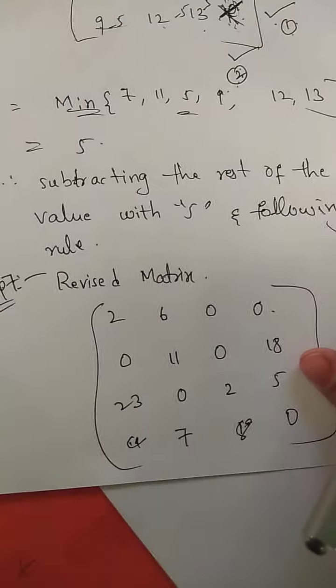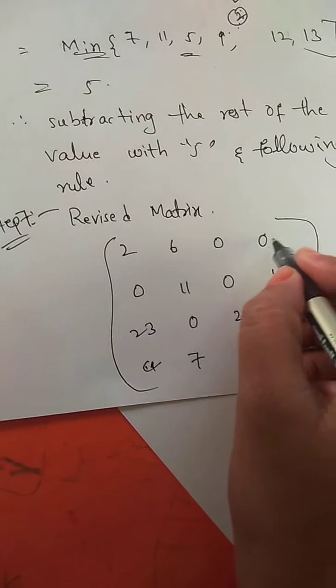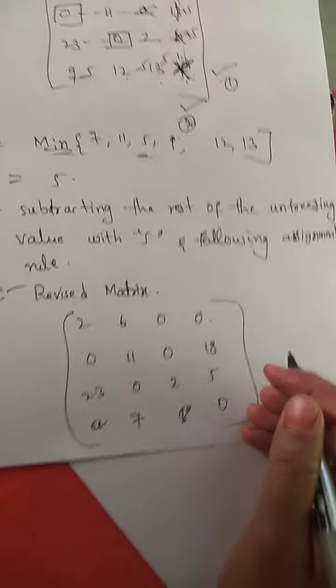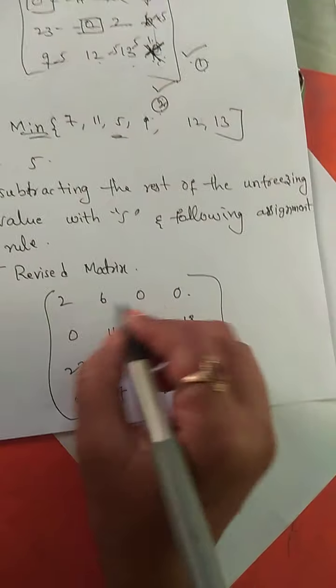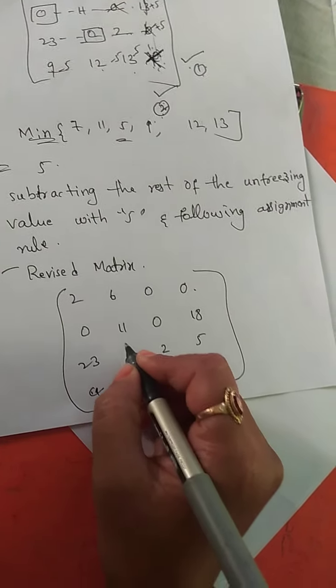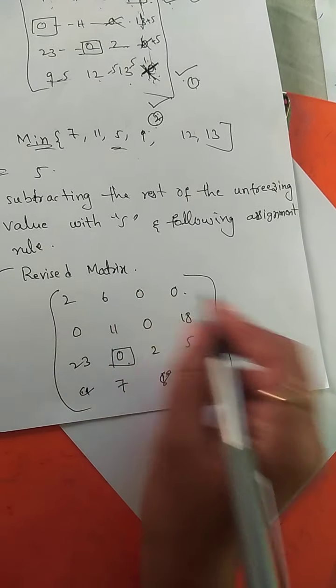Next step, we have to do the assignment here. Here we have 2 zeros, so we don't touch there. Here also 2 zeros. Here we have only 1 zero, so the assignment starts here. In this column there are no zeros.